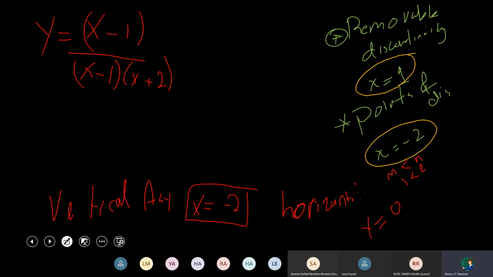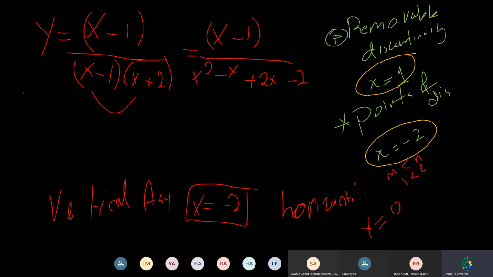For the horizontal asymptote, look at the powers, the exponents, of the numerator and the denominator. Here in the numerator, we have x minus 1. In the denominator, let's multiply them. We have x times x, which is x squared, minus x plus 2x minus 2.